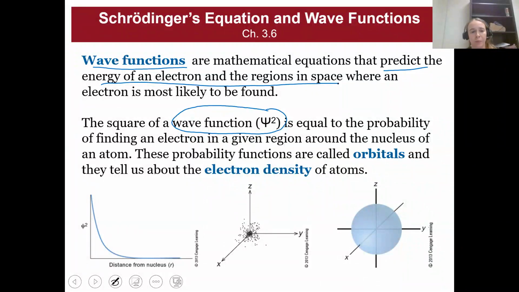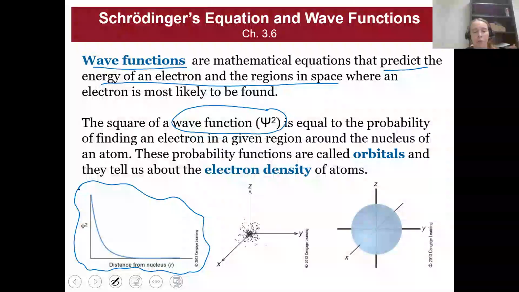If you look down here on the left, we've got a graph of the square of the wave function versus the distance from the nucleus. Like we talked about before, when the electron is really close to the nucleus, that's more favorable because of electrostatic interactions: electrons are negatively charged and the nucleus is positively charged because it's full of protons.